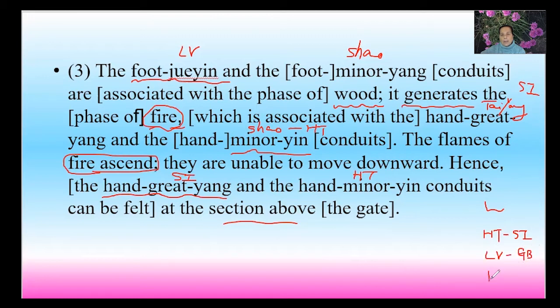Lower part is kidney, mainly the kidney yin part. That's what we are pretty familiar with. Certainly your bladder is still in here. And the right side, upper part is the lung, and the large intestine.